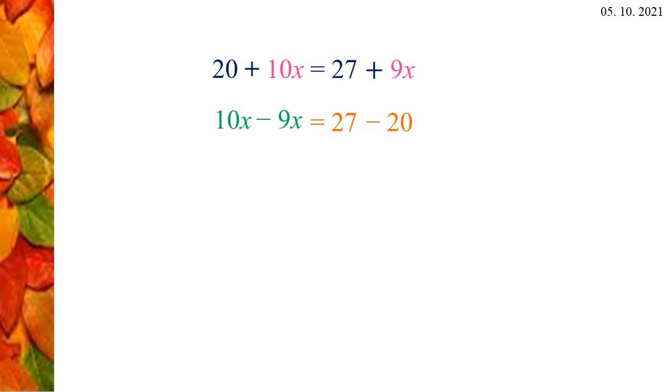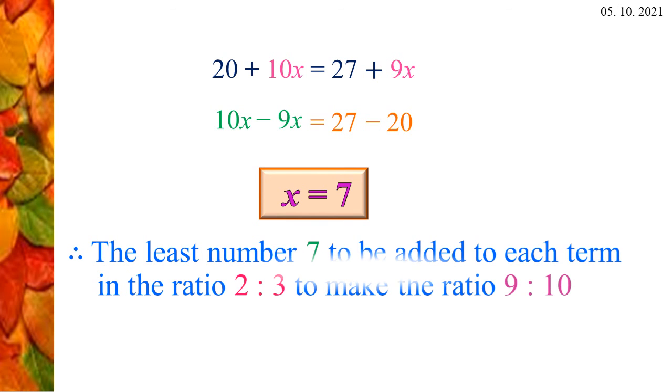We get 10x minus 9x equal to 27 minus 20. 10x minus 9x, we get x. 27 minus 20, we get 7. So x equal to 7. Therefore, the least number 7 to be added to each term in the ratio 2 is to 3 to make the ratio 9 is to 10.